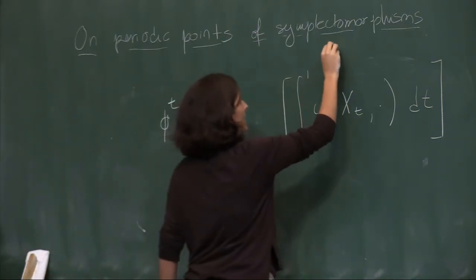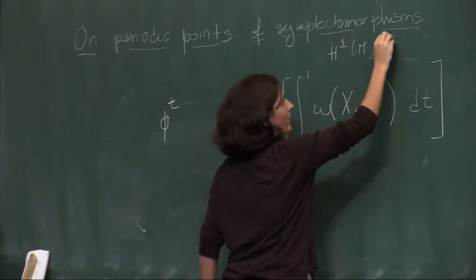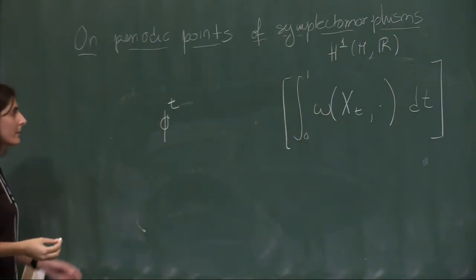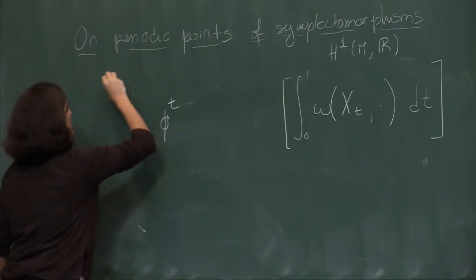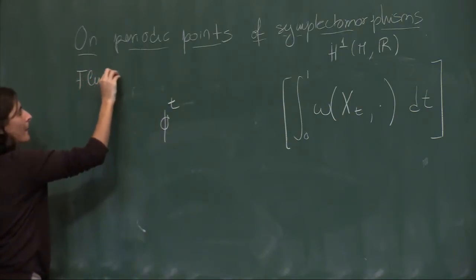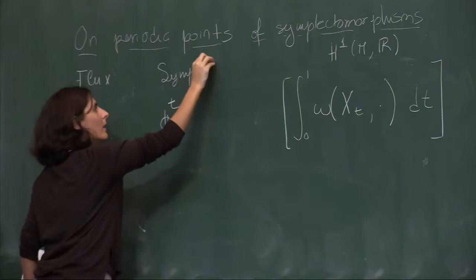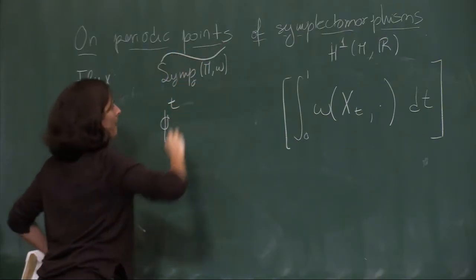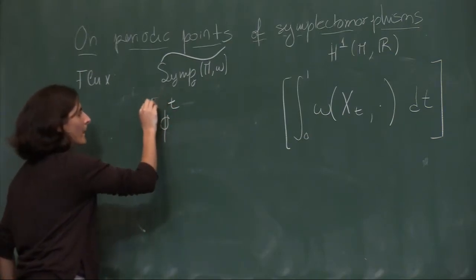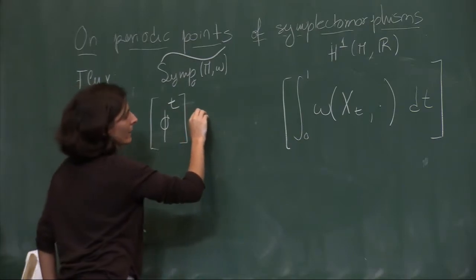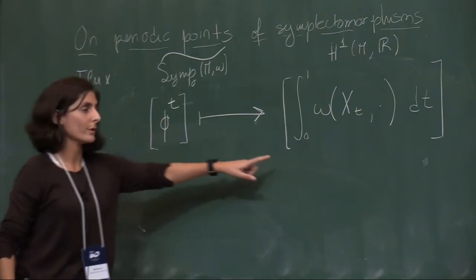So this lives in H^1, the first cohomology of M. But in fact, for this to be a well-defined homomorphism, which is called the flux homomorphism, it's defined on the universal covering of the identity component of the group of symplectomorphisms. So it maps the class of this isotopy to this closed one-form.